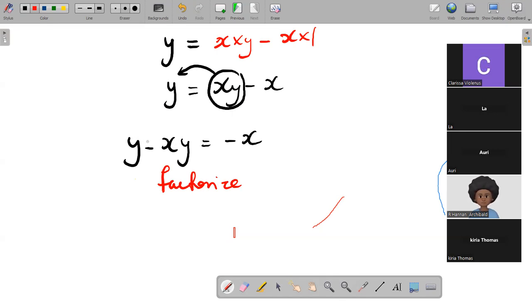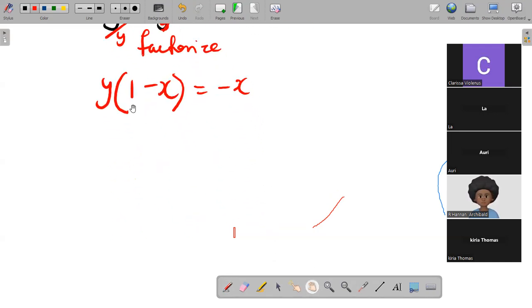Both of them got y in common, right? So I pull out y or divide by y. So we're going to have y outside. And when I divide by y, y divided by y is what? 1 minus x, this y is going to cancel, is equal to negative x. And I want y alone. So to get rid of this, I divide by 1 minus x.